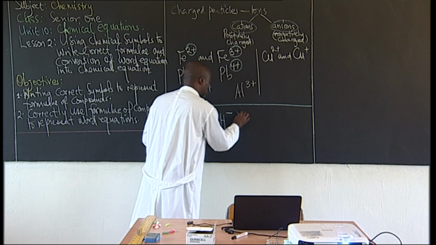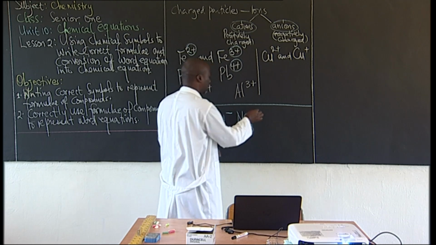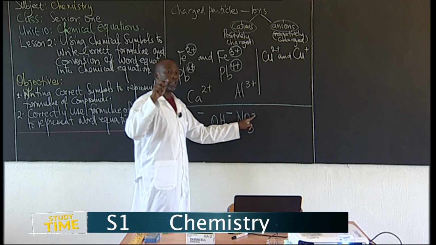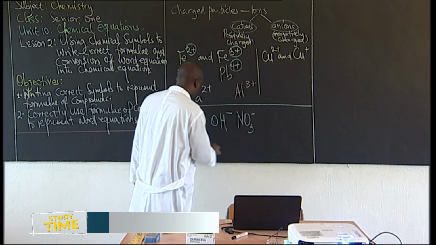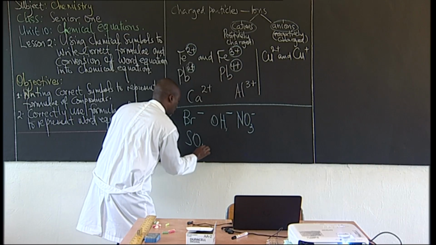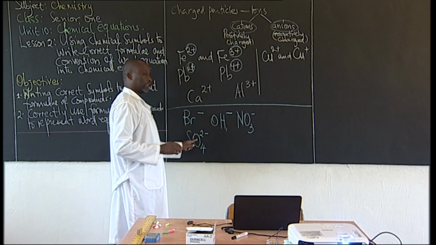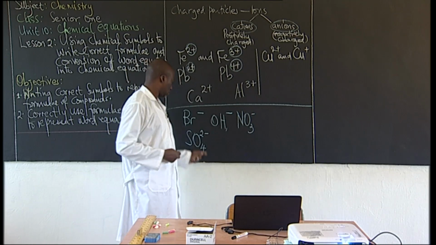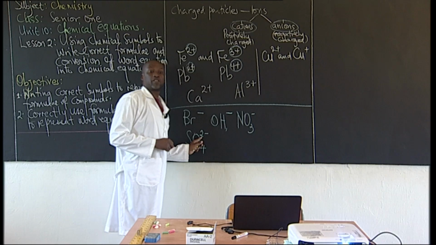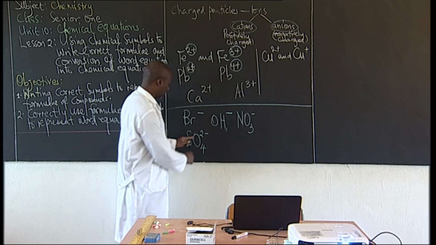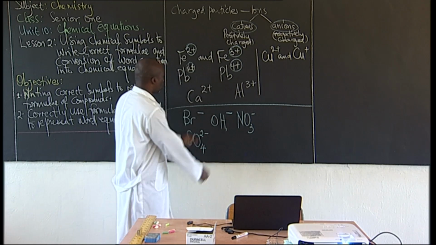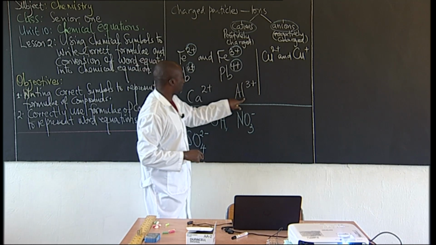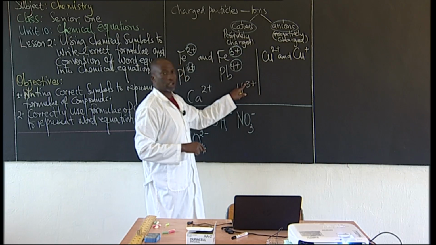When we say nitrate, this is a nitrate ion with a negative. It means that the negative corresponds to the valence. But if we say, for example, the sulfate ion, which is like this, how many negative charges are there? There are 2. And therefore the valence is 2. So when you come back to the positively charged ones, we said aluminium has 3 positive charges.